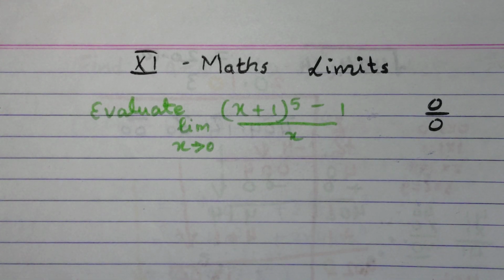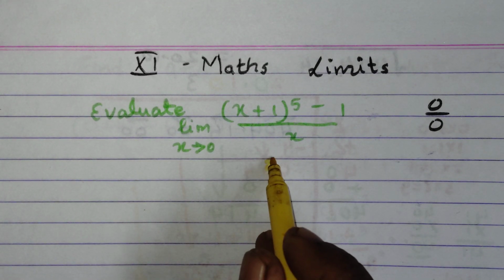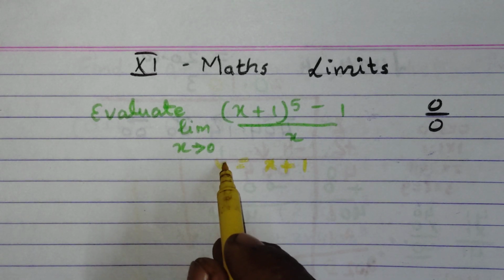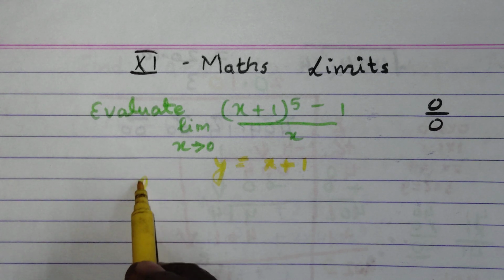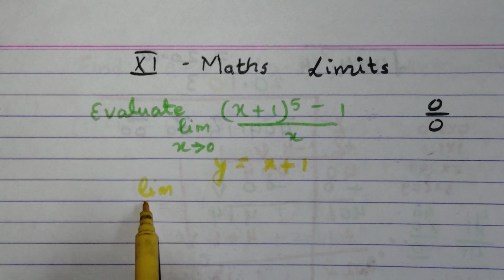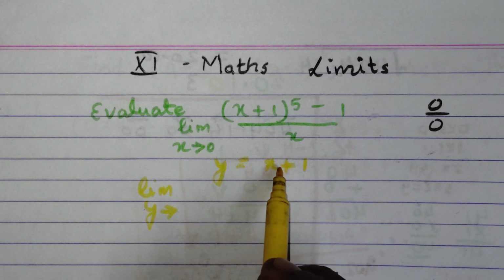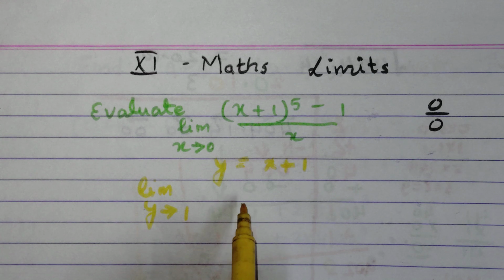So how do we solve it? We assume x plus 1 as another variable, suppose y. So we change the limit. In this case we write the limit y tends to what? If x is 0, then 0 plus 1 is 1, so the y limit is 1.